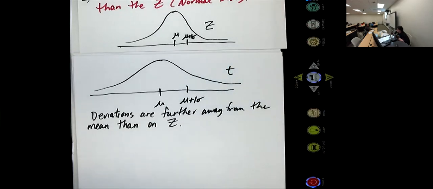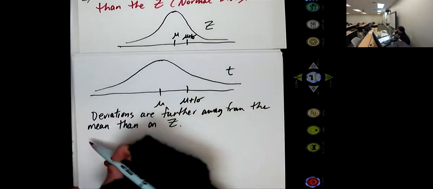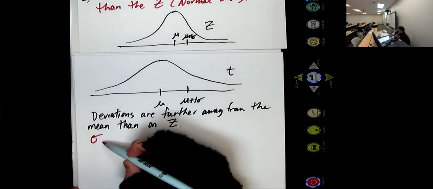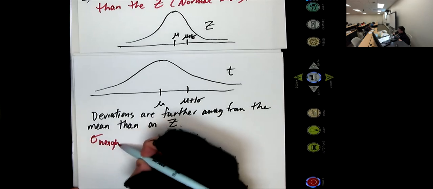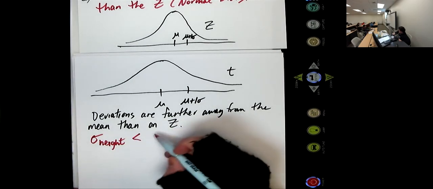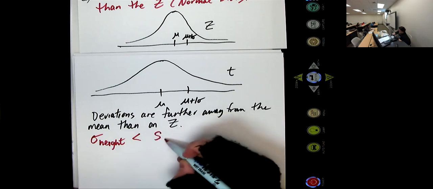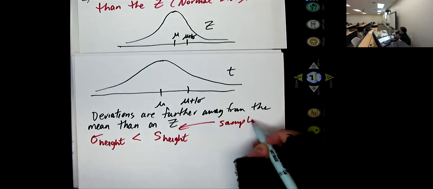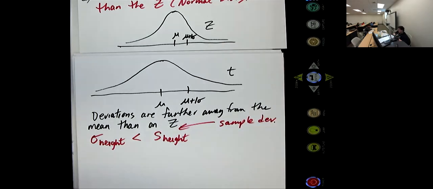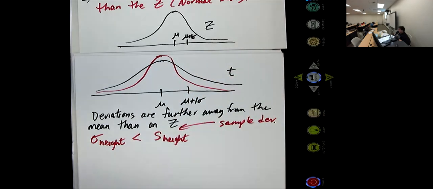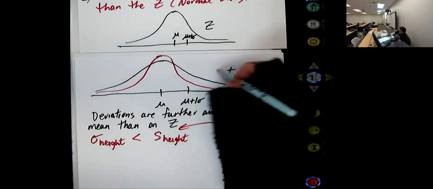Means the height at one standard deviation mark is actually lower than on the t distribution. S is our sample deviation. So it's kind of like something like that. T has the S height.